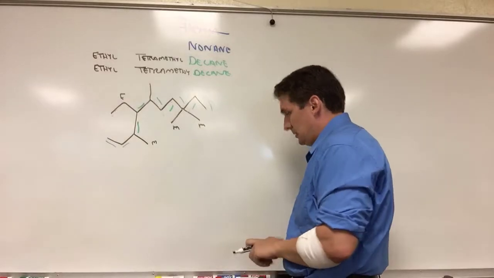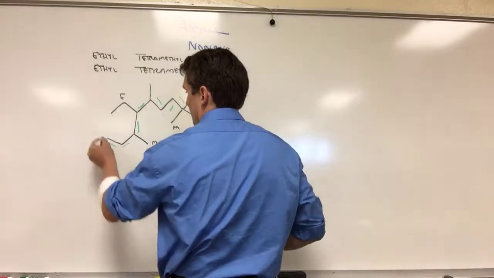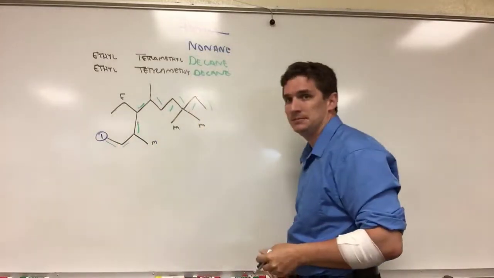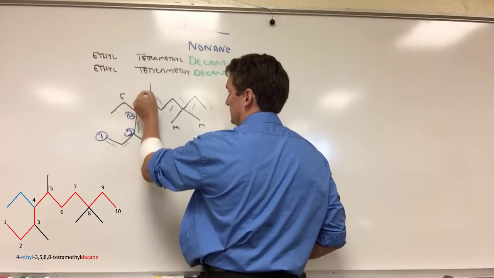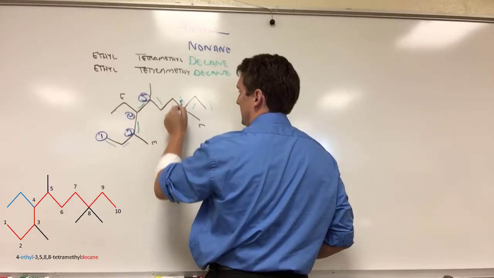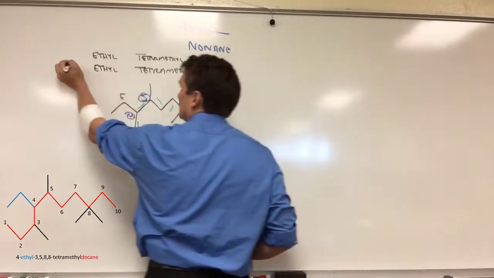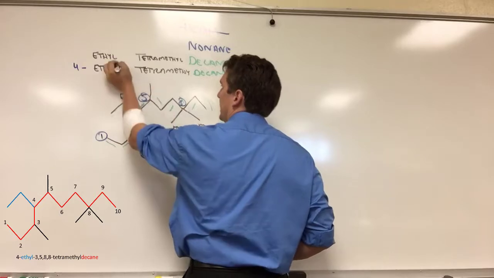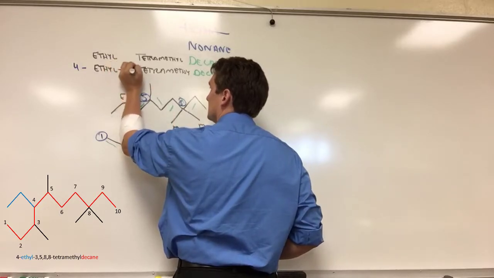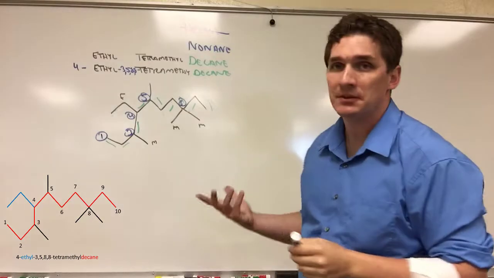So let's say we start with this as the first carbon. So 1, 2, 3, 4, 5, 6, 7, 8, 9, 10. So we have our ethyl, 4-ethyl, 3,5,8,8-tetramethyl.